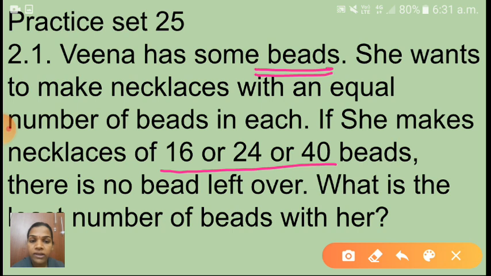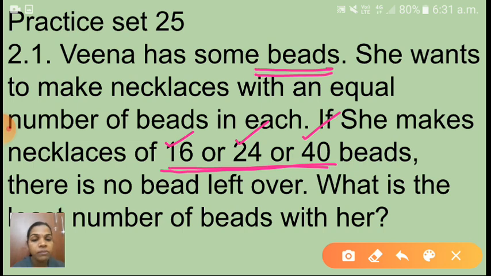So what you have to find, children? Very good, LCM, lowest common multiple. Of which numbers? Yes, 16, 24 and 40. So if you want to find the LCM of these numbers, what do you have to write first? Very good, multiples of 16, multiples of 24 and multiples of 40. Afterwards, what do we have to do?